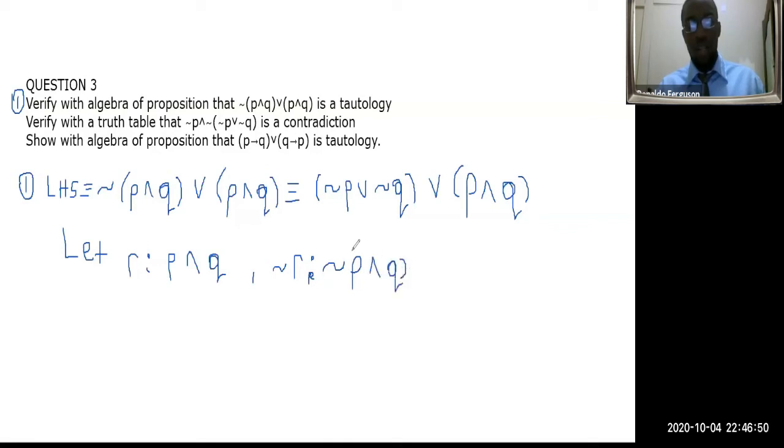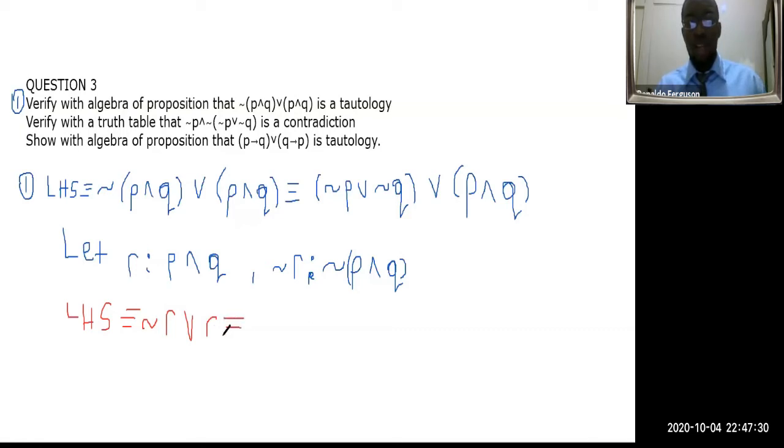Put this in a bracket. And so the statement that we actually have is that our left-hand side is really logically equivalent to the negation of R or R. Now, if R is I am inside and not R is I am outside, so I am outside or I am inside, that is always true, right?